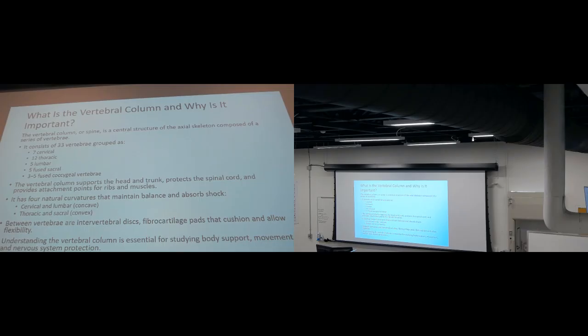Lumbar will be L1 through L5. Sacral will be S1 through S5, no matter if it's a fused bone. And coccygeal, since it starts with C as cervical, will be CO, and typically you count it as one.